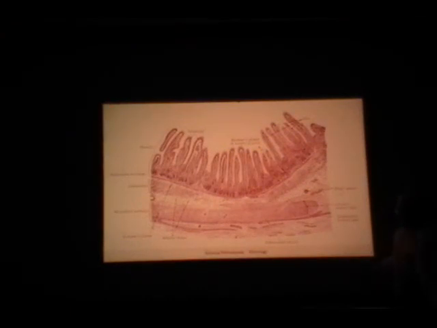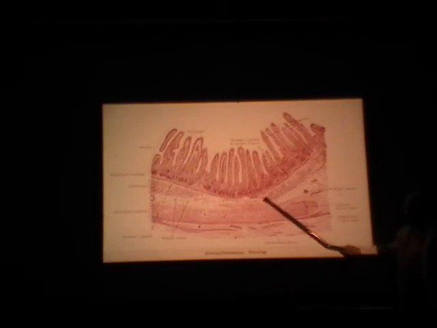and this is again a drawing that shows the presence of Brunner's glands here in the submucosa. Muscularis mucosae, muscularis externa, in between submucosa, and there are Brunner's glands. Next slide.